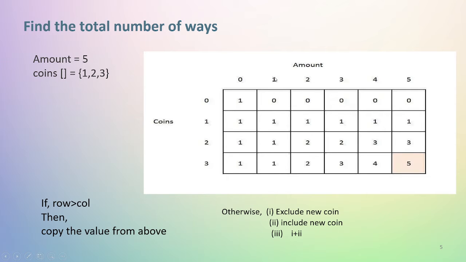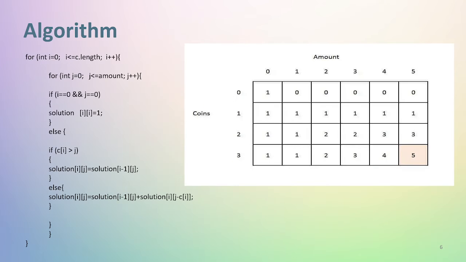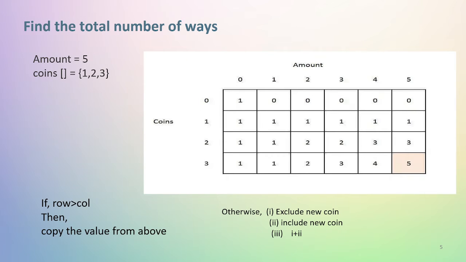The number of row is 1. Here we see C of I, that means 1. Subtracting 1 gives 0. In this 0 position we find 1, so we write 0 plus 1. Here we can see 1.